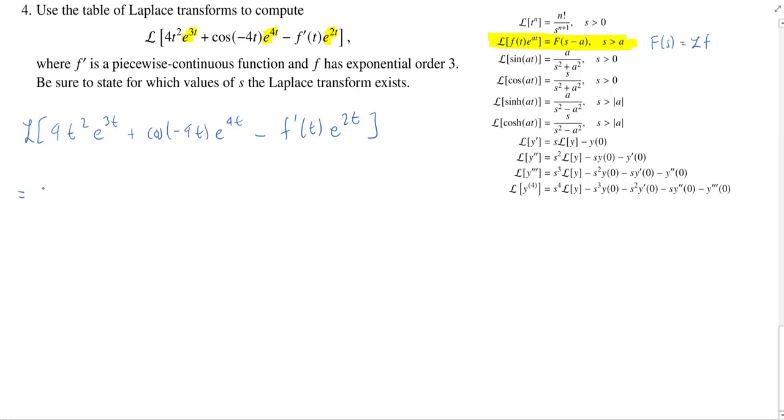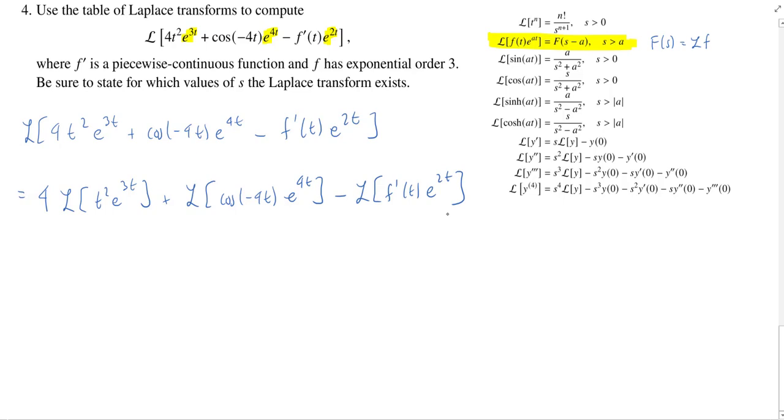Okay, we can break this up as 4 times the Laplace transform of t squared e to the 3t plus the Laplace transform of cosine of negative 4t e to the 4t minus the Laplace transform of the derivative of f times e to the 2t.